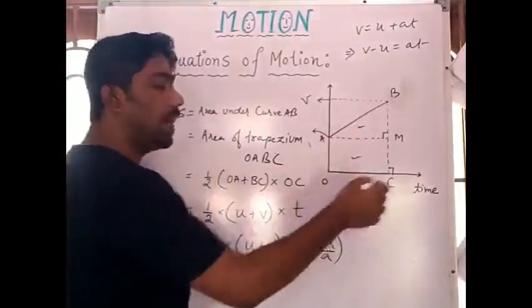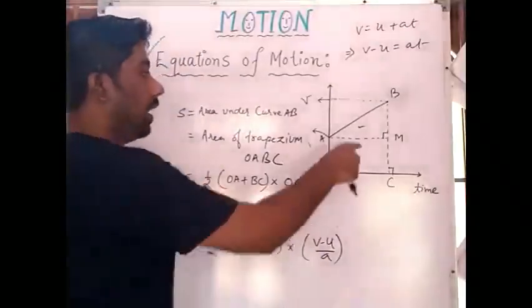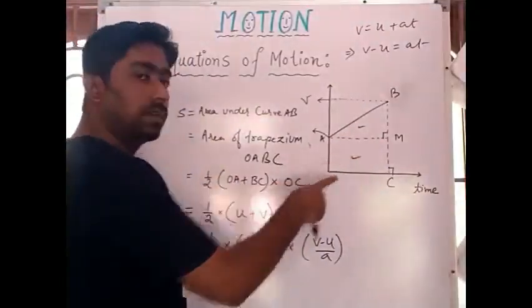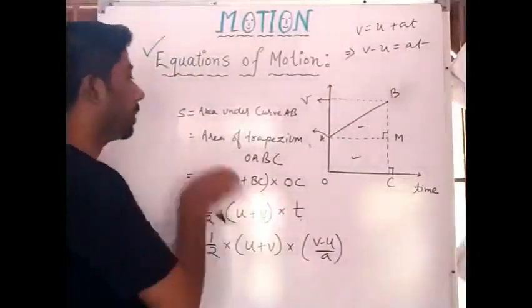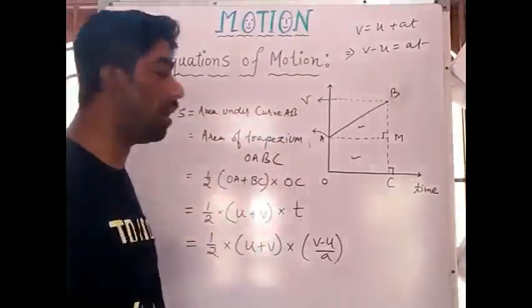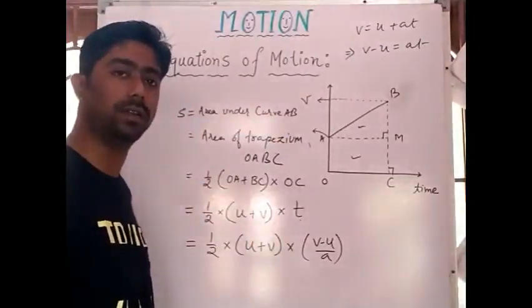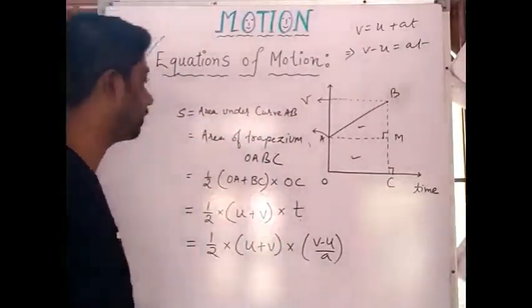We take the area for the whole trapezium. See the difference? Last case it was triangle plus rectangle. This time we are taking area under the curve AB to be directly equal to area of trapezium OABC. Okay, this is just a way of obtaining.